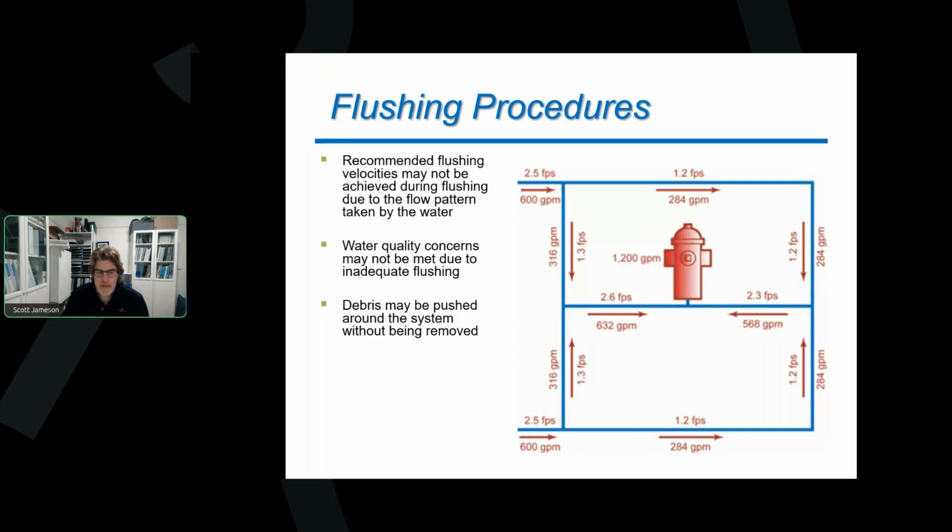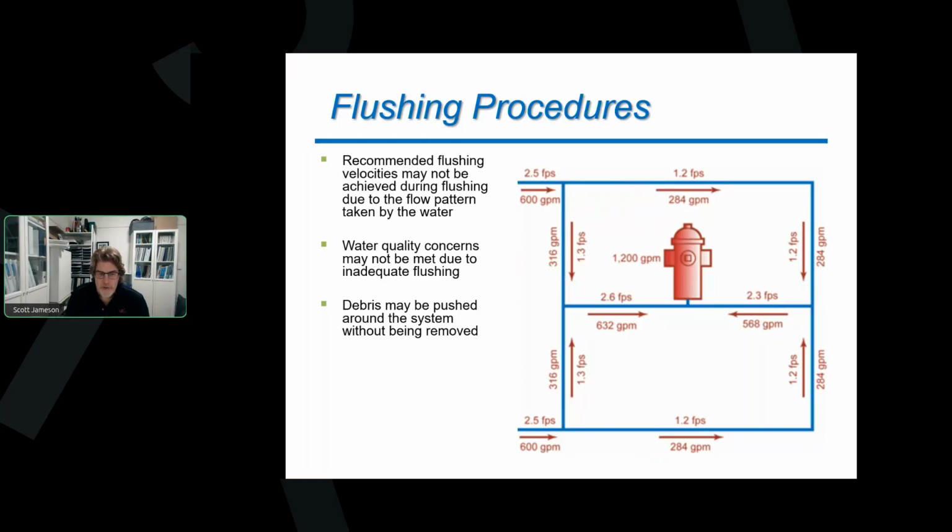But because we have no control of where the water is, if we actually looked at the flows that we're achieving in the pipes, we would see that none of them are even reaching that minimum of 3 feet per second.